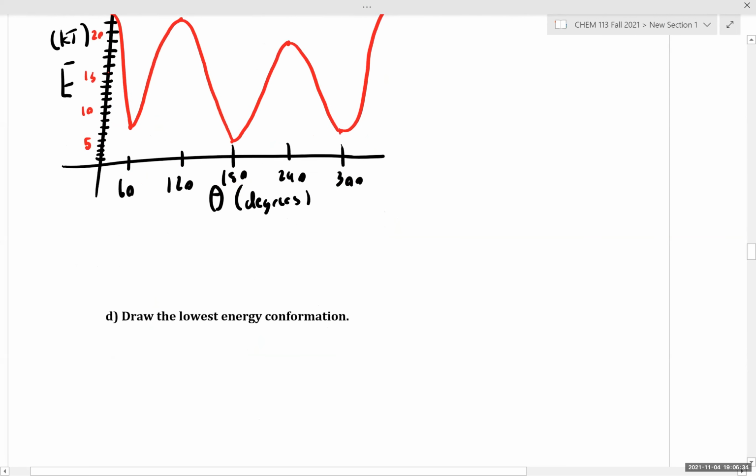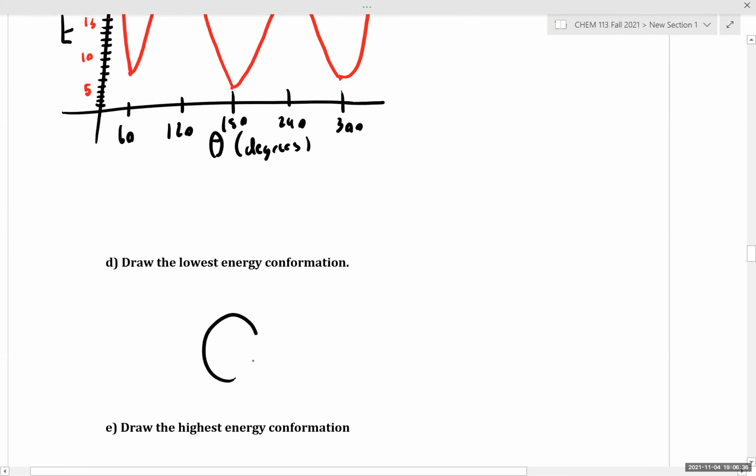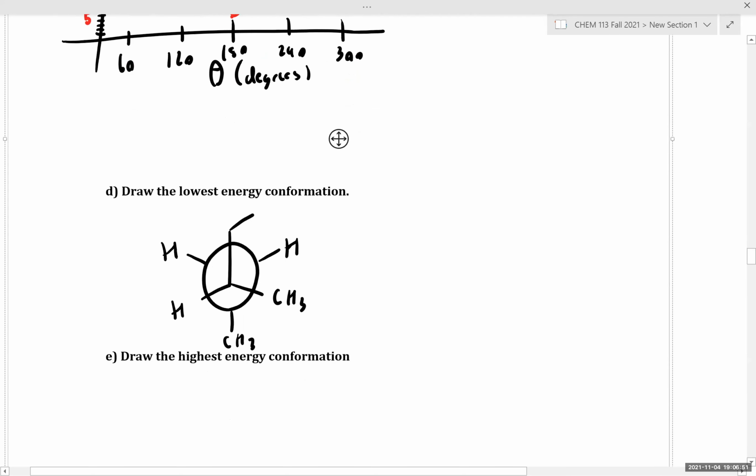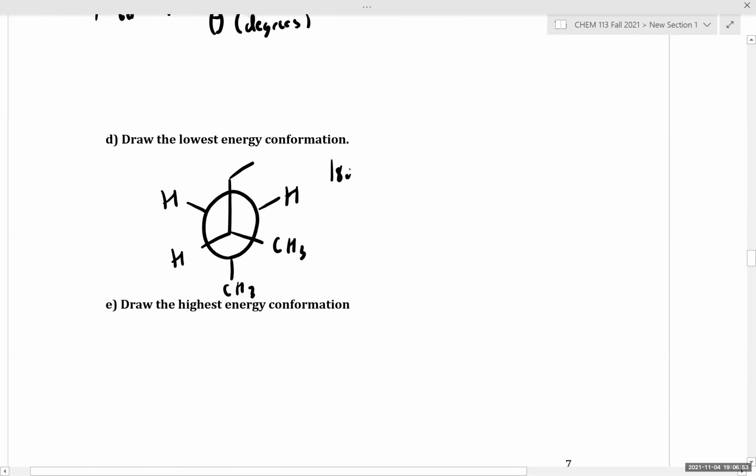Okay, now we're asked to draw the lowest energy conformation, which would be 180 degree dihedral angle. So we'll draw that here. And then for the highest energy conformation, it'll be the 0 degree dihedral angle.